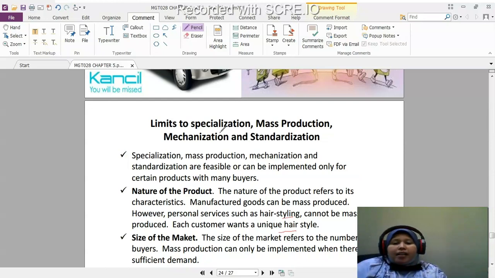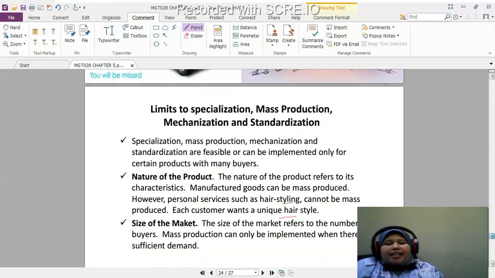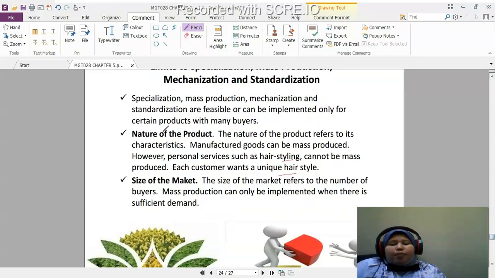Maknanya tak semua produk ataupun services kita boleh standardize ataupun buat mass production. Sebagai contoh, kalau kita nak gunting rambut, setiap orang nak style yang berbeza-beza. So tak semua jenis produk sesuai untuk mass production ataupun standardization.